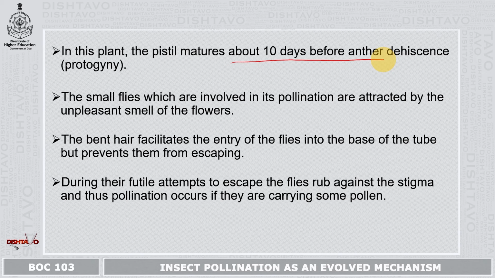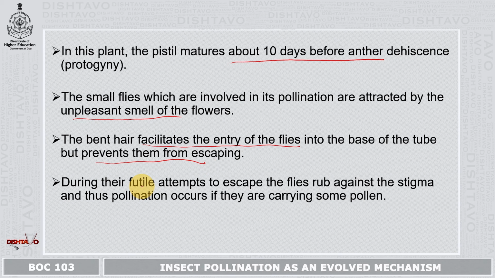The small flies involved in its pollination are attracted by the unpleasant smell of the flowers. The bent hair facilitates the entry of the flies into the base of the tube but prevents them from escaping.